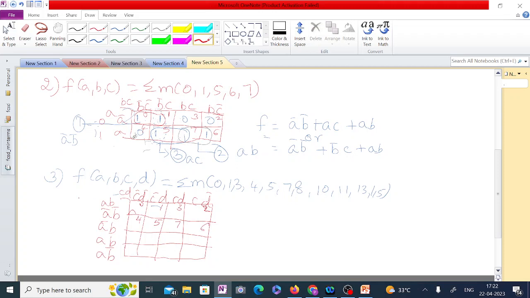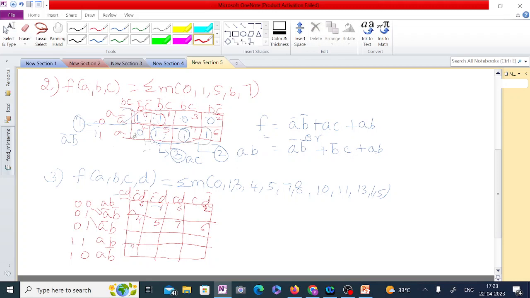This you know how you will get, because this would be 0, 0. This would be 0, 1, because the complemented literal is taken as 0 and the non-complemented as 1. So this is 0, 1. This would be 1, 1. This would be 1, 0. Similarly here also.